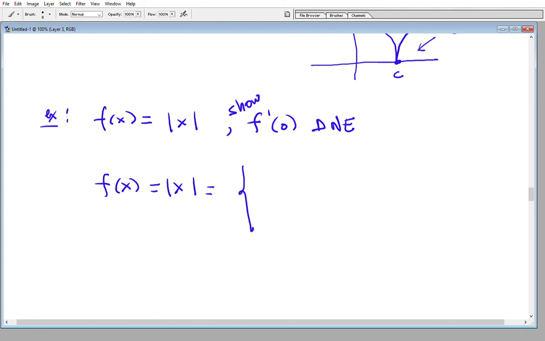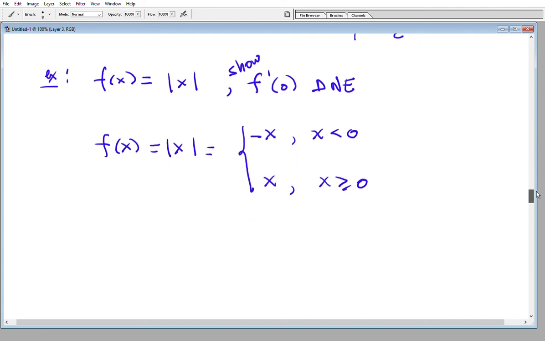Another way of writing this is it's equal to x if x is greater than or equal to 0, just drop the absolute value signs. If x is less than 0, stick a minus in front, and that'll make it positive. So that's how we open up absolute values. We're going to do it using the 2 lines, the piecewise defined function.